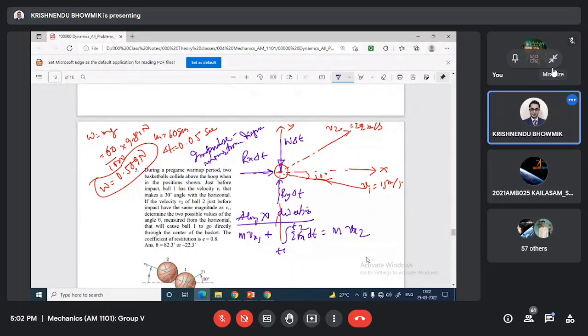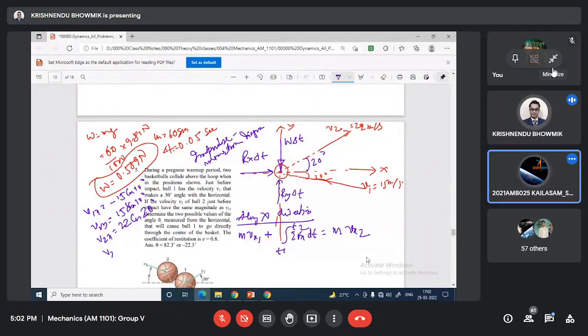Now v1x equal to minus 15 cosine 10 degree, v1y equal to 15 sin 10 degree, v2x equal to, it's positive, 22 cosine 20 degree, v2y is 22 sin 20 degree.